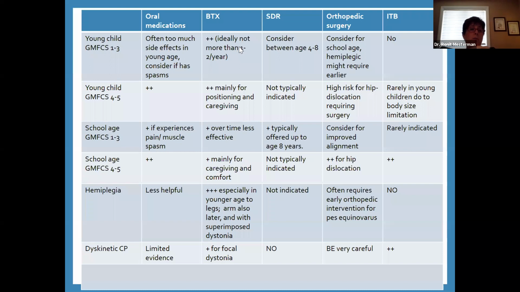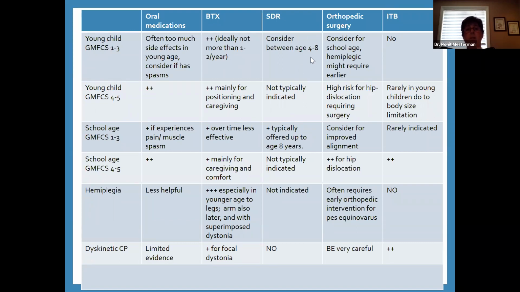So we often will explain to the parents that the child will get to the next level probably regardless, but the Botox will often make it quicker. And right now it's really important to highlight still the unknown of the long-term effect and be rather conservative with the re-injections and the time intervals.